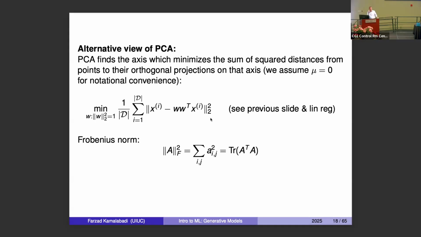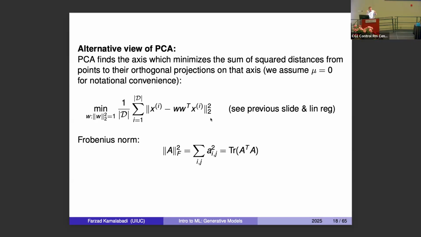Yeah, the residual was geometrically the distance between each point in our data set along the y-axis, okay? But here, that's not what we're talking about. Here, we're talking about an orthogonal projection. In other words, take that data point and project it at 90 degrees onto that line, okay?